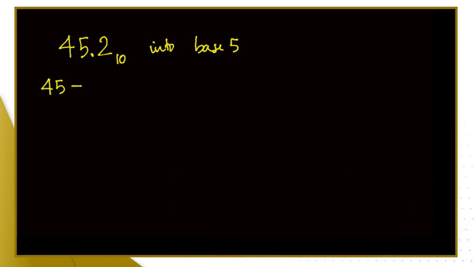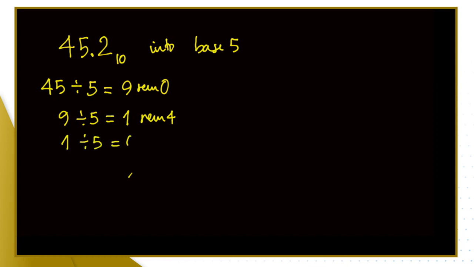45, we're going to divide by 5, because it's base 5, and that is 9 remainder 0, and then 9 divided by 5 is 1 remainder 4, and then 1 divided by 5 is 0 remainder 1.